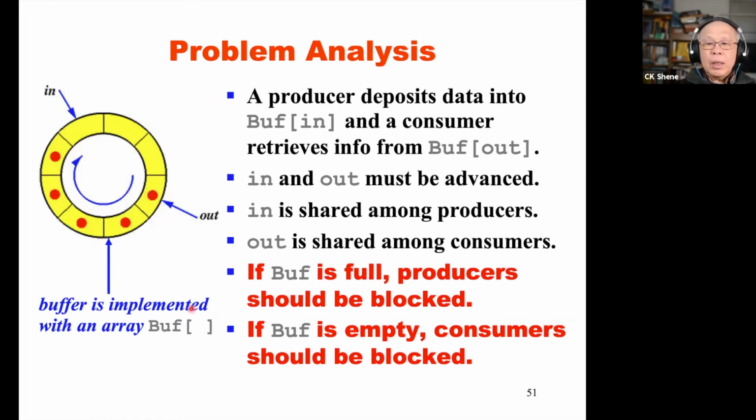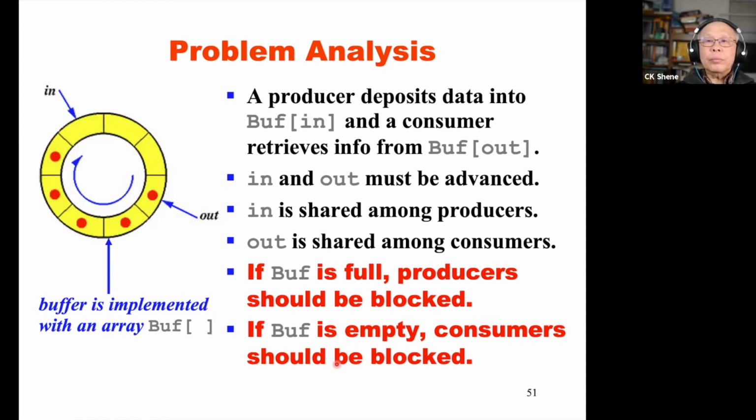Now the second boundary condition is if the buffer is empty, you should not allow a consumer to retrieve information. If the buffer is empty, in and out will point to the same location. And if you allow that consumer to retrieve the information pointed to by the out pointer, what that consumer would get is garbage.